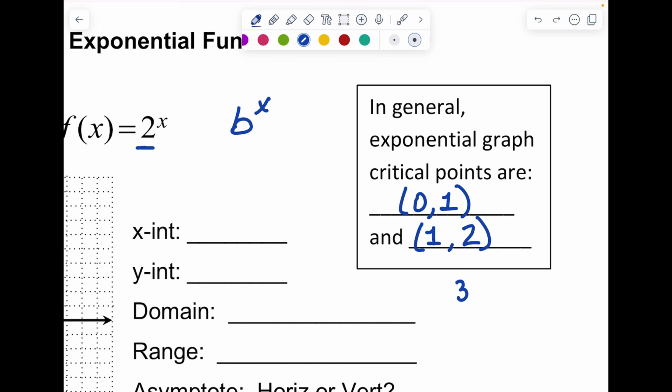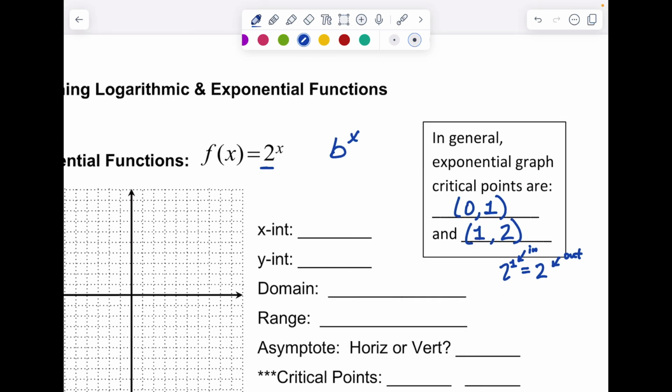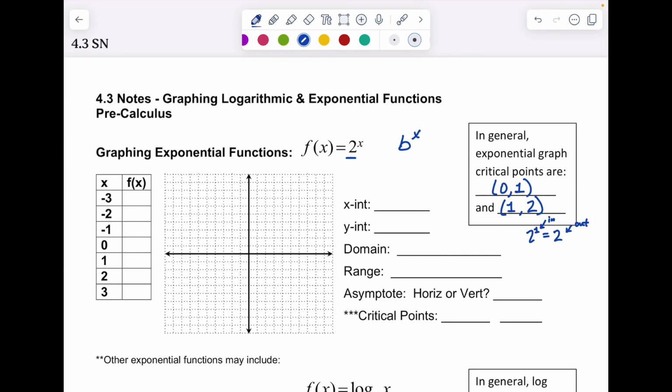So in this case, when we have a 2 and we put in a 1, we get out a 2. Input, output. That's in general, because it could change, it's not absolute.